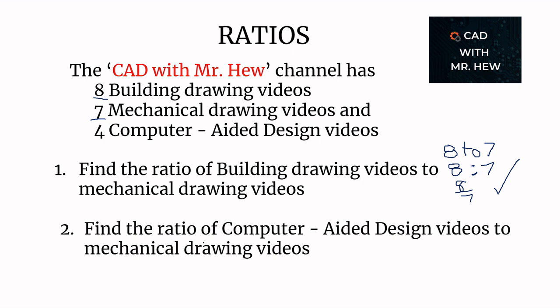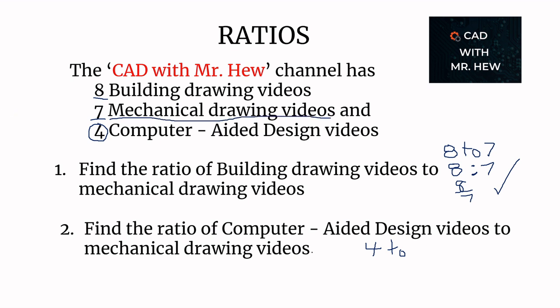Find the ratio of computer-aided design videos to mechanical drawing videos. The order is important, so we are looking at the 4 here. So we have 4 to. How many mechanical drawing videos do we have, which is right here?